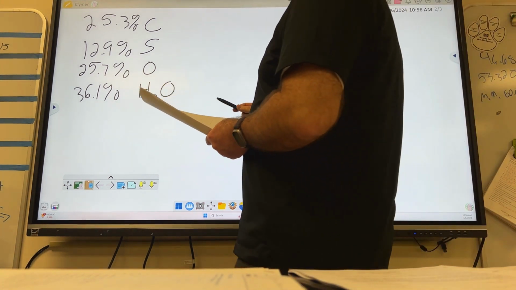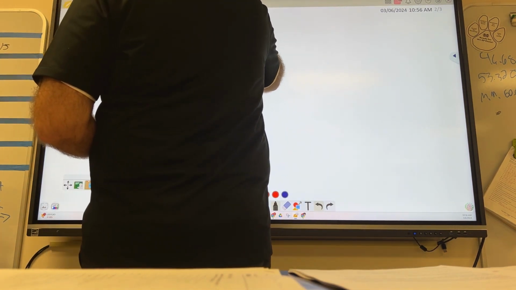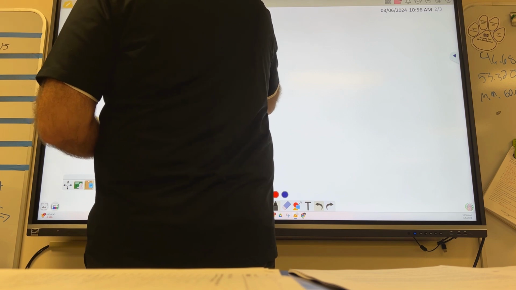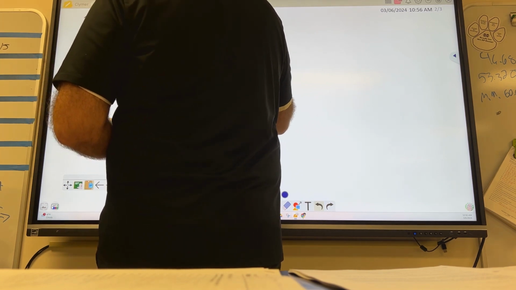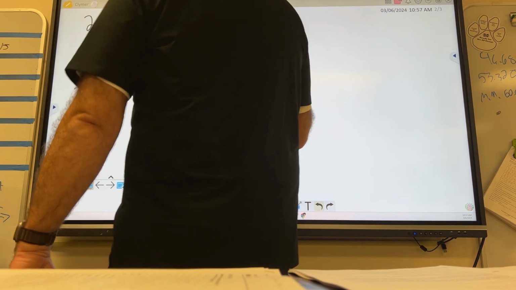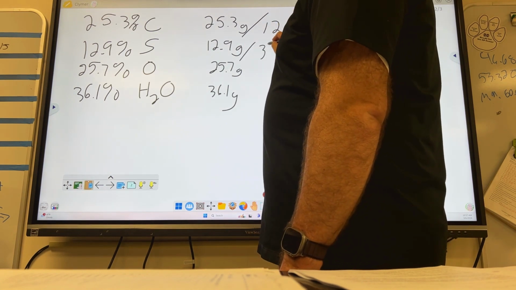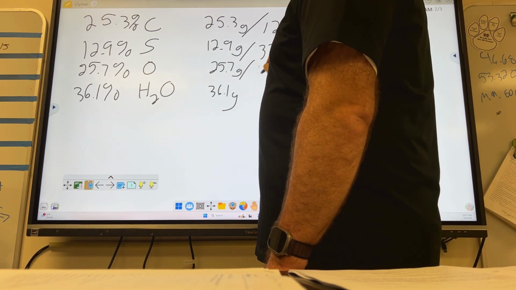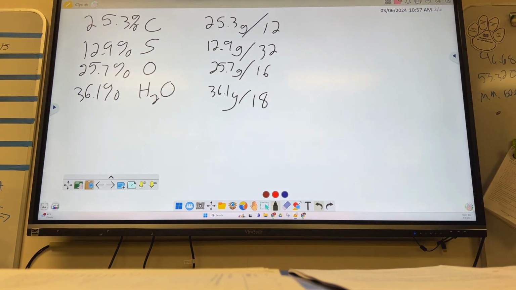So when we go to do the empirical formula for this, we're going to convert to grams, right? 25.7 and 36.1. And then when we divide out, you're going to use 18 as your molar mass for water.